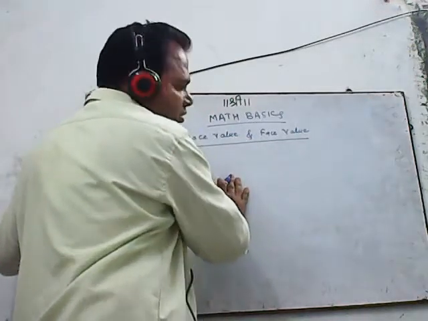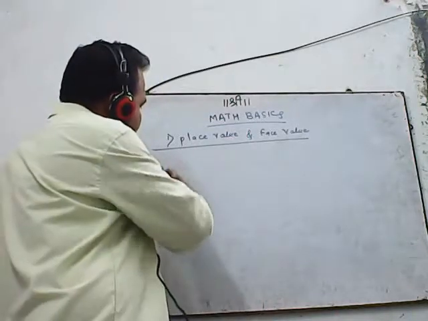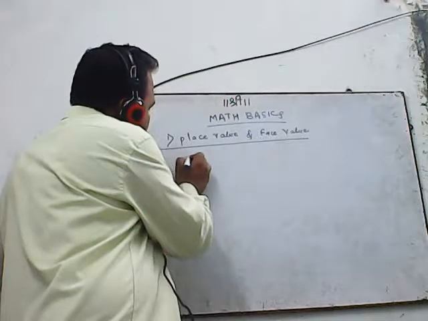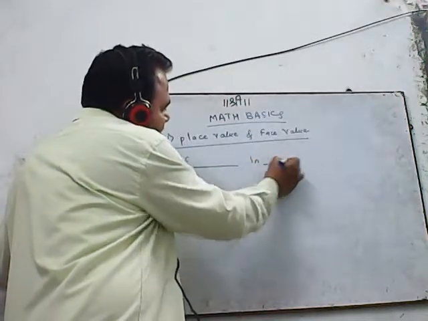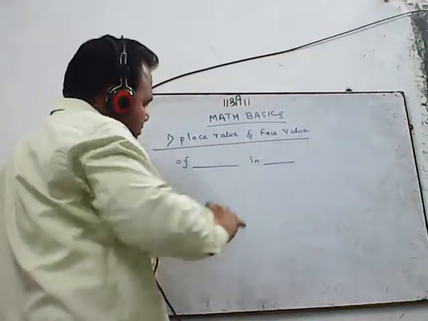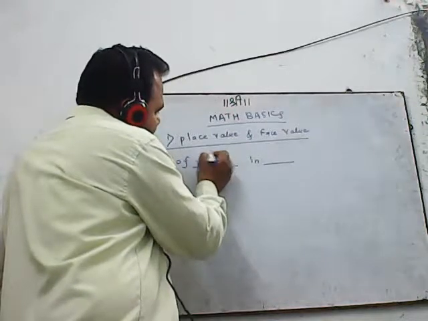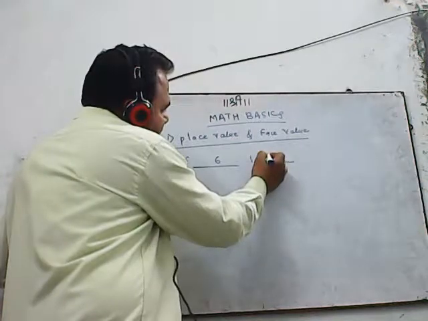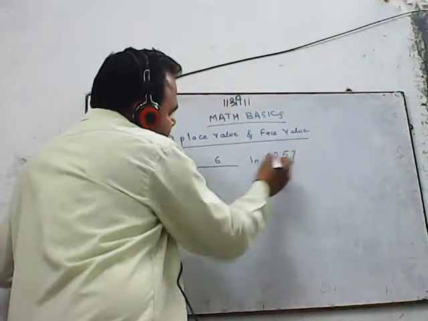On this topic, you will be asked in the examination a question like this: find the place value and face value of the given digit in the given number. Suppose I ask you to find the place value and face value of 6 in 6257.